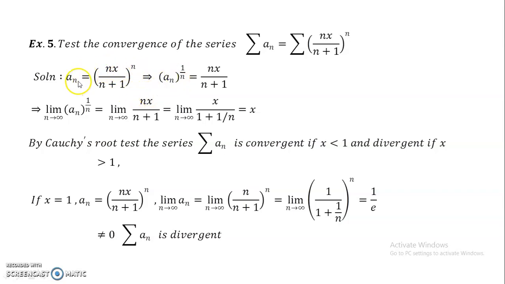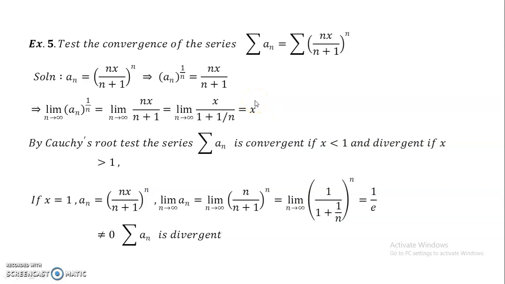Again you take the nth term an and take the power of 1 by n, and the n on the right-hand side gets cancelled, and then apply n approaches infinity. So that is n by n plus 1, and 1 plus 1 by n, with 1 by infinity being 0, so that x remains.